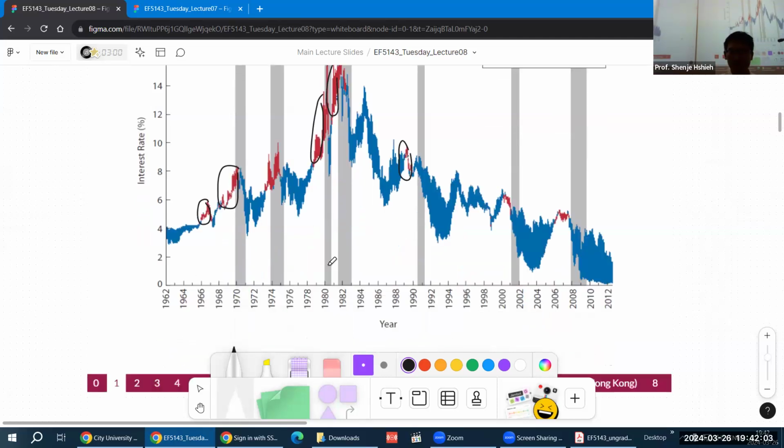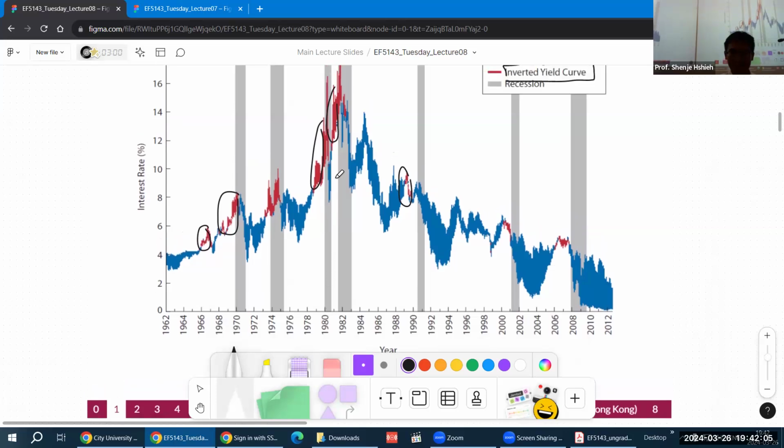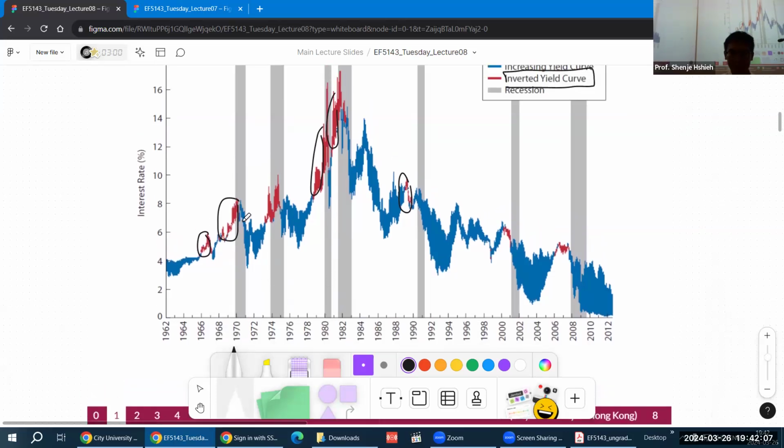Here, this is the inflation era. This is the dot-com bubble. This is the financial crisis, and I think we saw something like that. I'm not sure if we saw something like that before the pandemic, but you can verify yourself using the data.